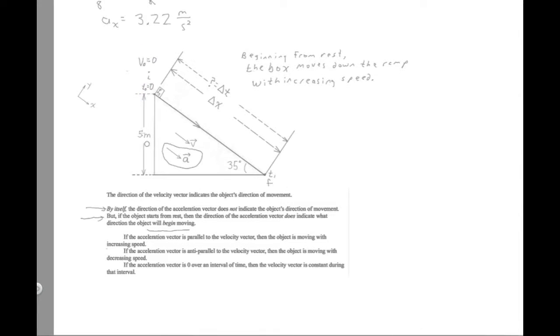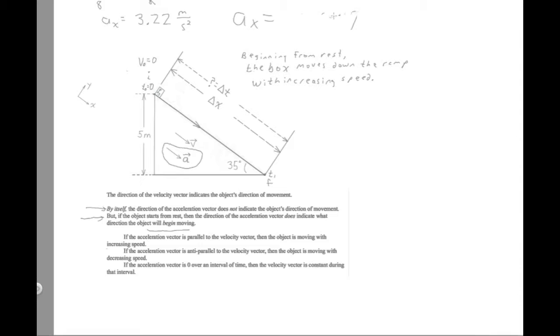Suppose that instead of this acceleration, the acceleration was just 0. Well, do you see how that would clearly be wrong? If we started at rest and the acceleration was 0, wouldn't we just stay at rest? That's not consistent with the information in the problem. So clearly a 0 acceleration wouldn't make sense, because if the object started at rest, a 0 acceleration would just keep it at rest.